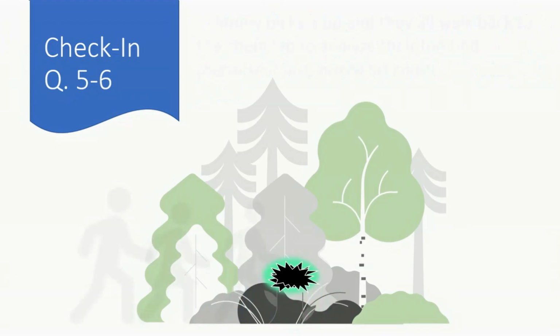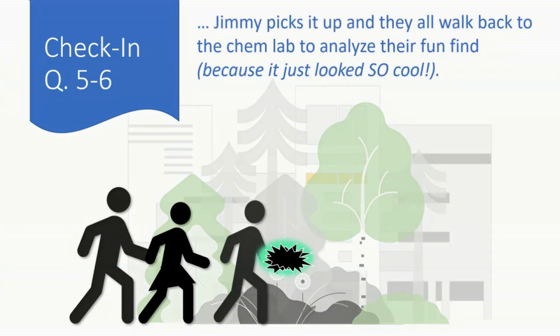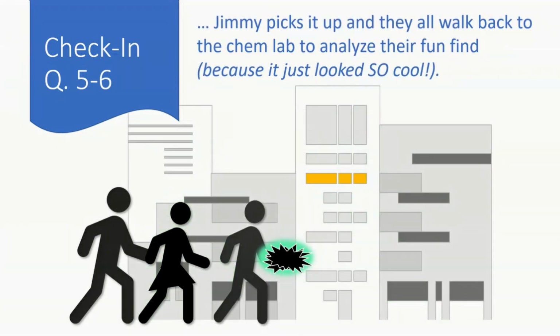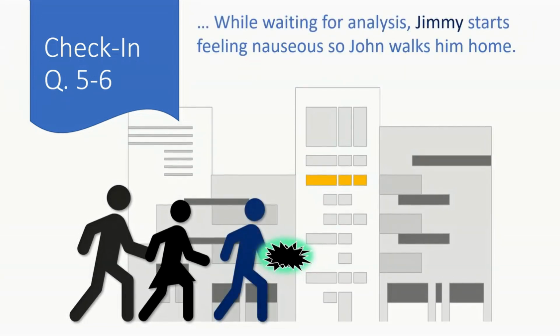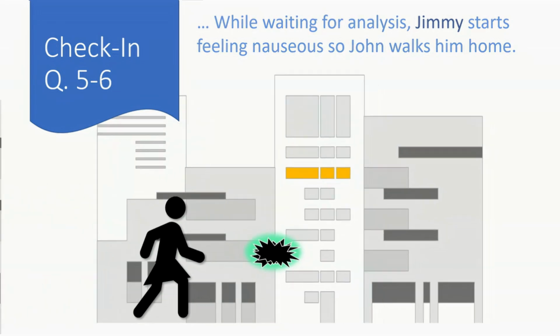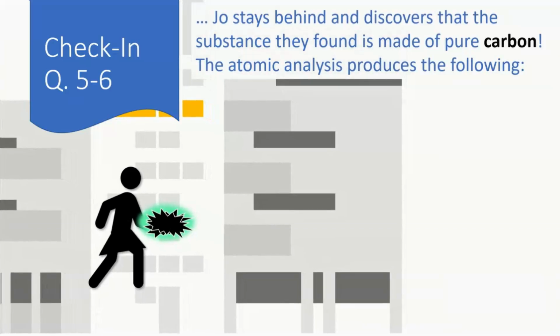Jimmy picks it up and they all walk back to the chemistry lab to analyze their fun new find because it just looked so cool. While waiting for analysis, Jimmy starts feeling nauseous. So John walks him home. Joe stays behind and discovers that the substance they found is made of pure carbon. The atomic analysis produces the following results.